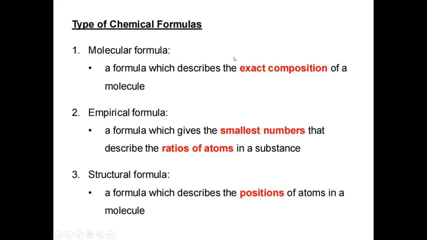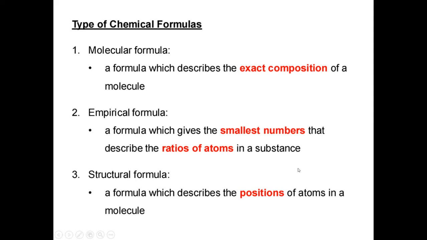As for the types of chemical formula, there are 3 types: molecular formula, empirical formula, and structural formula. The molecular formula normally describes the exact composition of the molecule. The empirical formula normally gives the smallest numbers that describe the ratio of atoms in a substance.